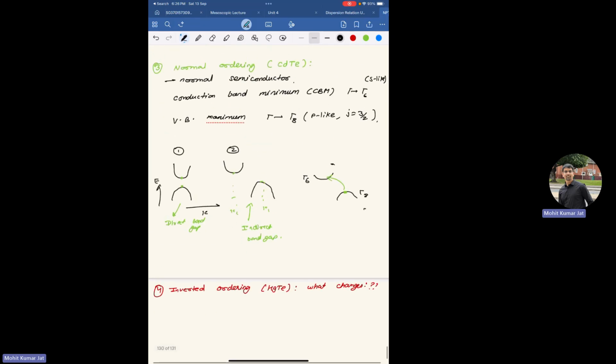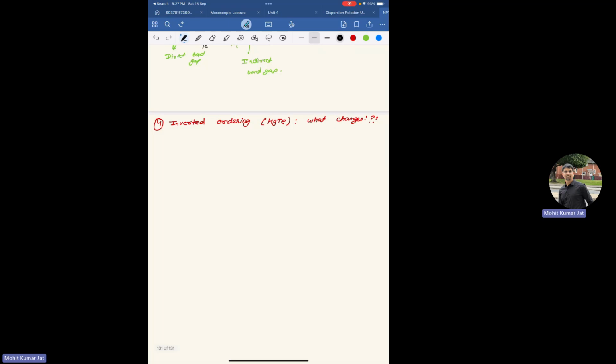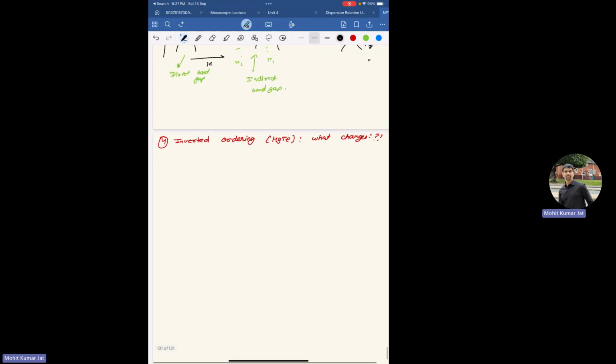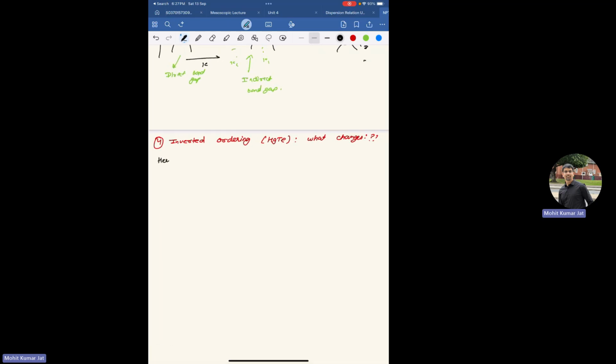Here, the energy of gamma 6 was greater than the energy of gamma 8, but here the energy of gamma 6 is lower than the energy of gamma 8, and the S-like state has been pushed down below the P-like state. This is called band inversion.